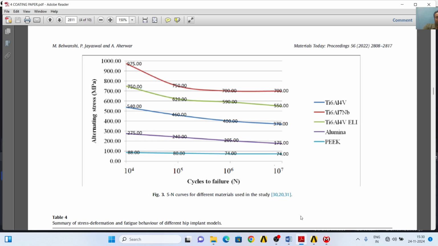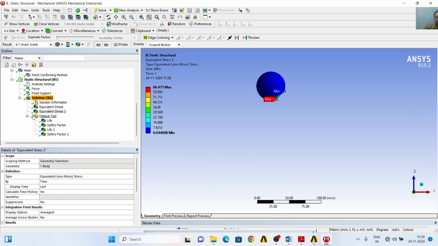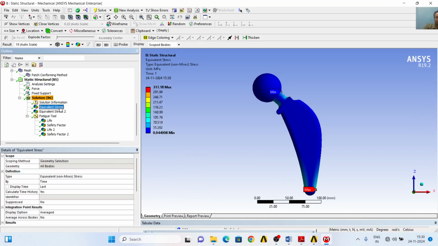That is all right. So the alumina head is going to survive 10 to the power 7 life cycles for sure.